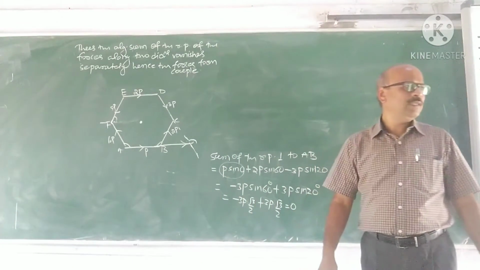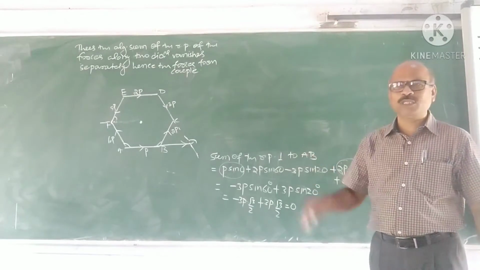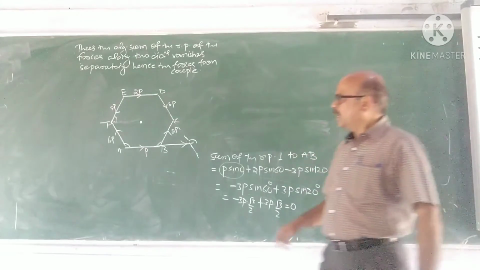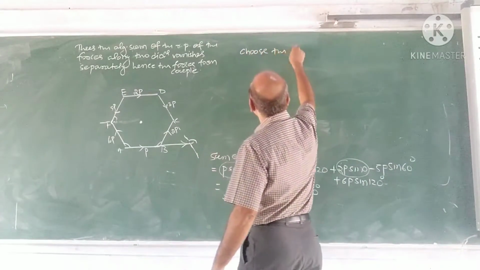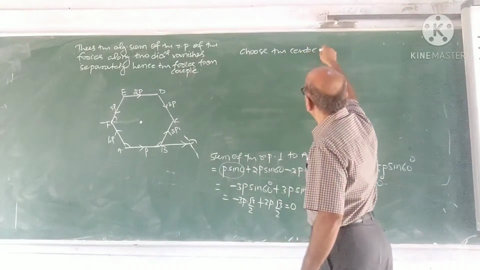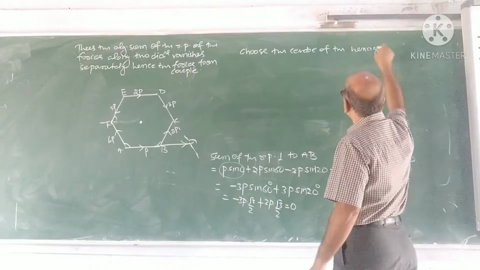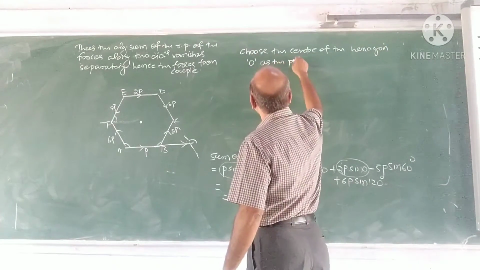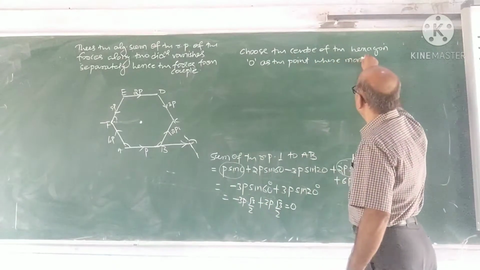How to define moment? Force into perpendicular distance, and it may be positive or negative depending on the direction. Now choose the center of the hexagon, O, as the point where the moment is to be taken.